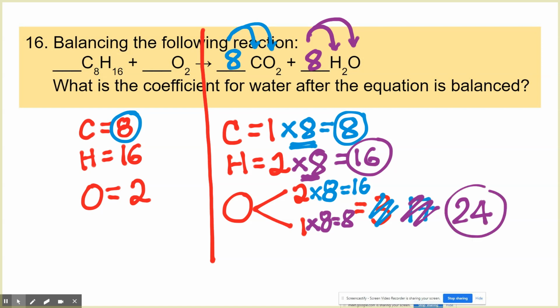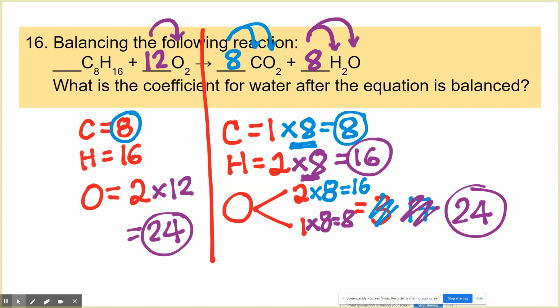Now look, you got 24 on one side. I got 2 on the other side. So what number do you multiply to the low side? 12 to get a 24. And there you go. So that 12 now is your new coefficient for O. Check if it multiplies anything else. No, therefore I am done.